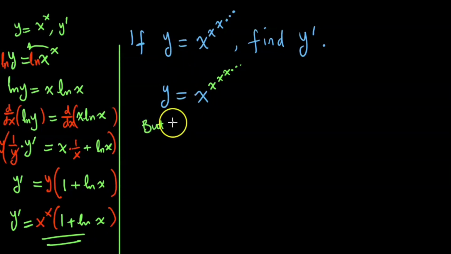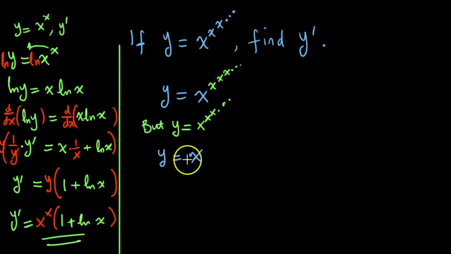So we say that y from the given is said to be x raised to the power of x raised to the power of x and so on and so forth. So what do you see? Well, in that case, the blue y will become the blue x as a base raised to the power of the green repeated exponentiation of the x, which is what we call y, because that's what is given.